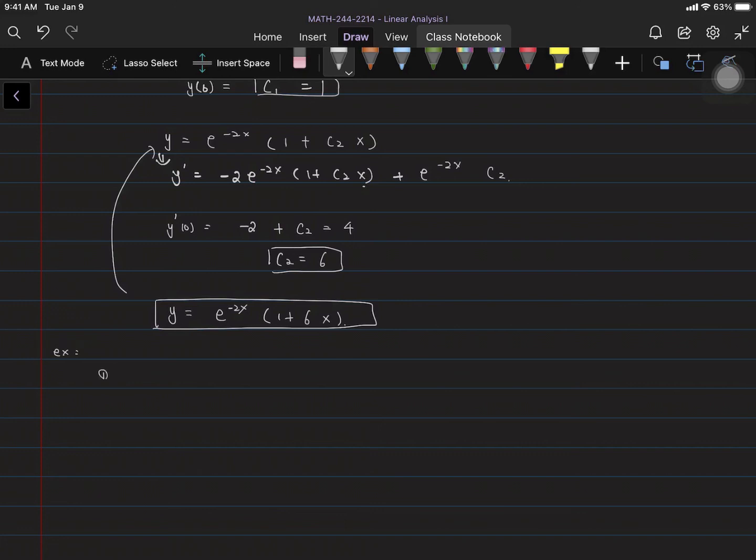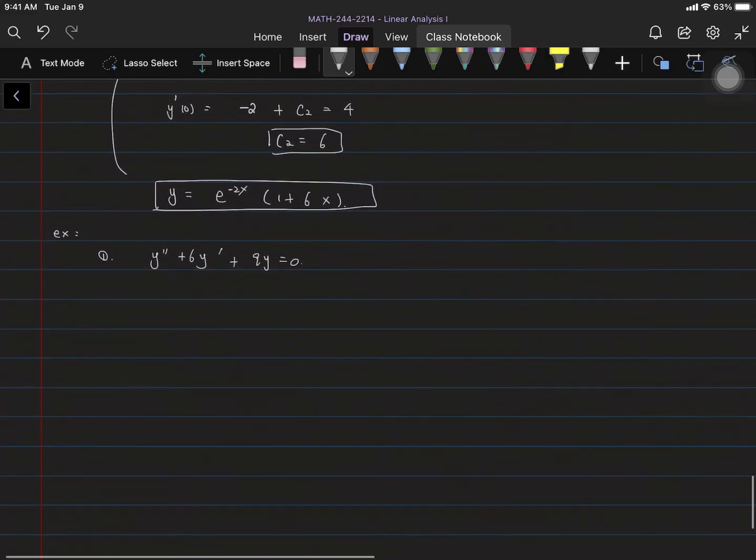Here we can try some exercise problems. We're going to do two problems here. The first one: solve for the general solution to this one. Let's see.